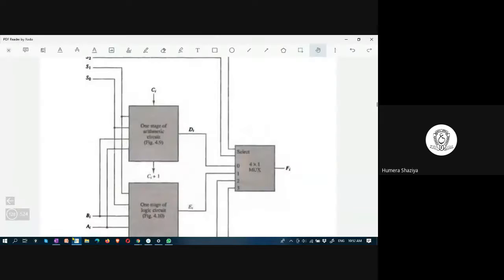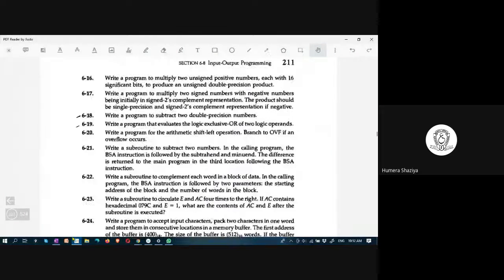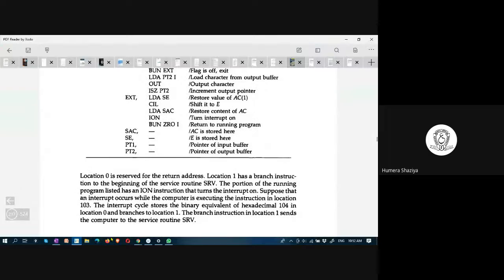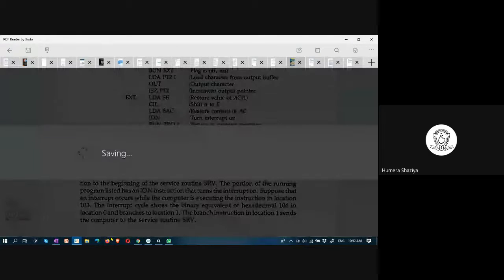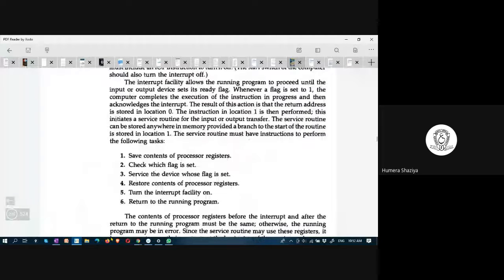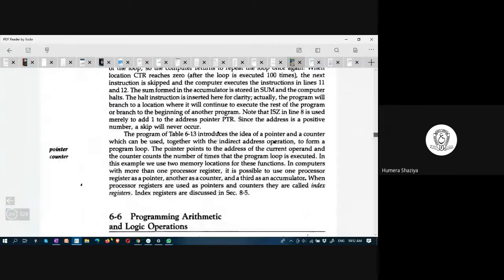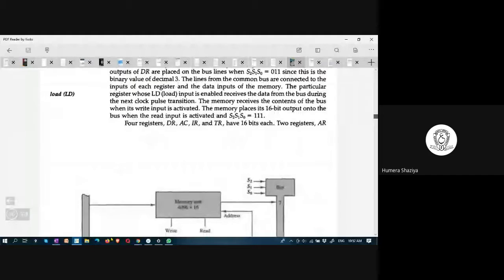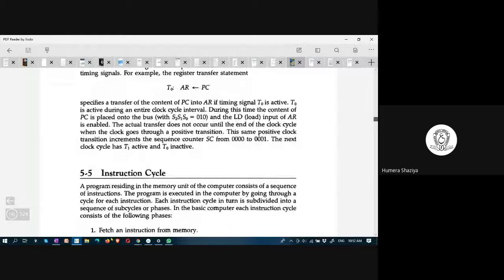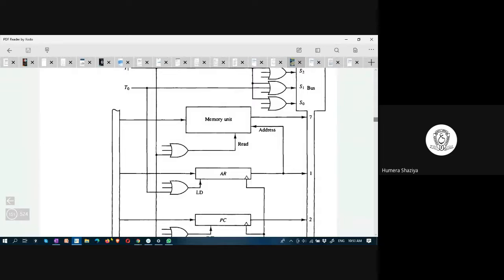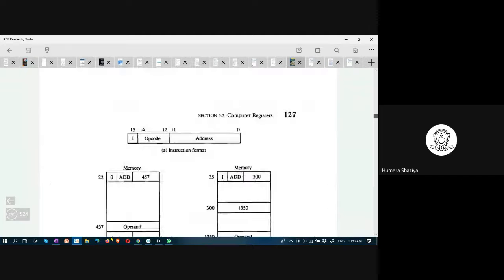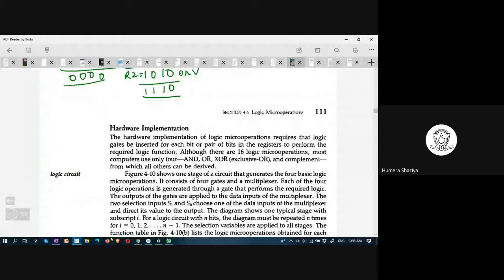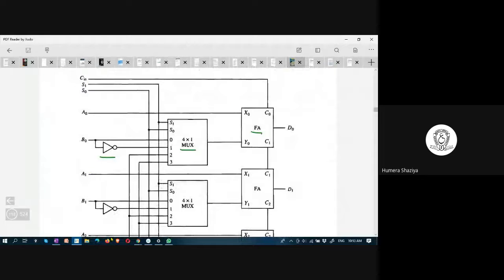walk you through this arithmetic circuit. Okay, look at this arithmetic circuit.